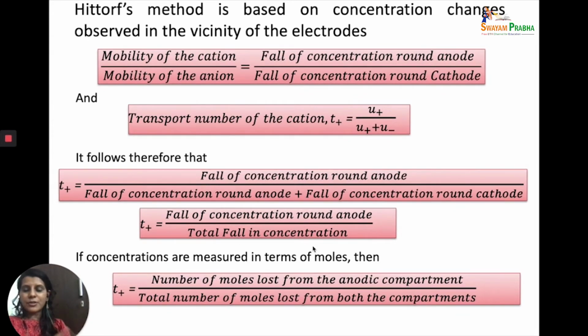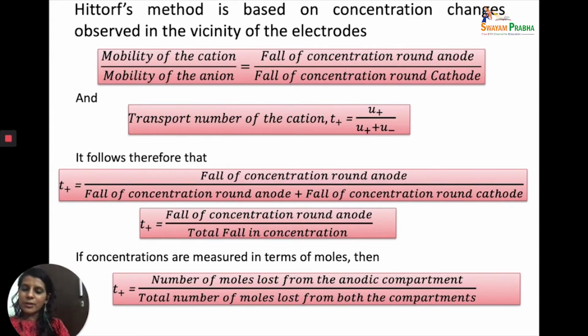And if we are measuring the concentration in terms of mole, we can write number of moles lost from the anodic compartment upon total number of moles lost from both the compartments. So whether you do it in terms of mobility, or whether you do it in terms of concentration changes, the transport number can be determined. And Hittorf's method allows you to determine this using the concentration changes at the electrode.